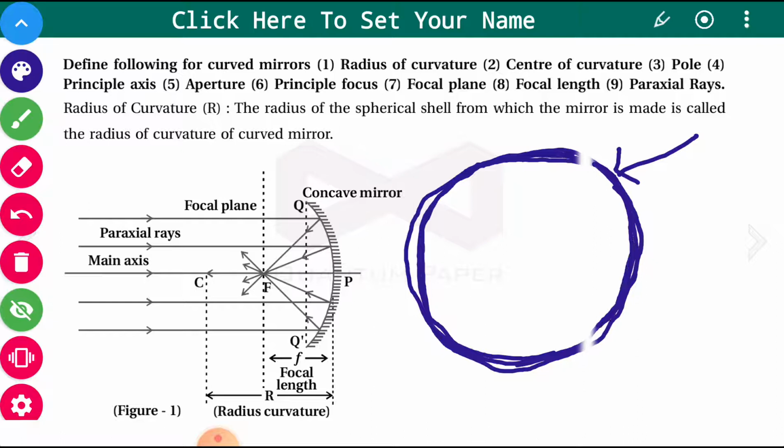Say the inside surface is made reflecting, then this will behave as a concave mirror.